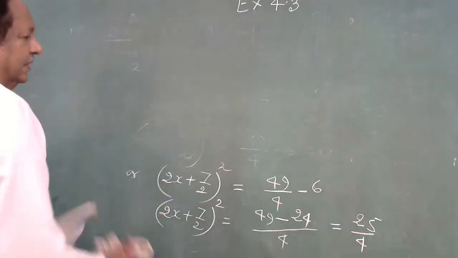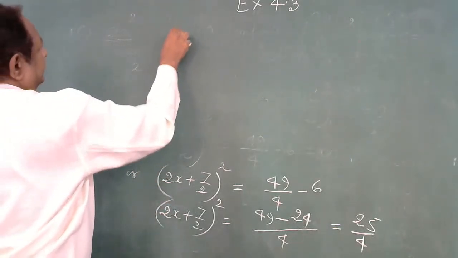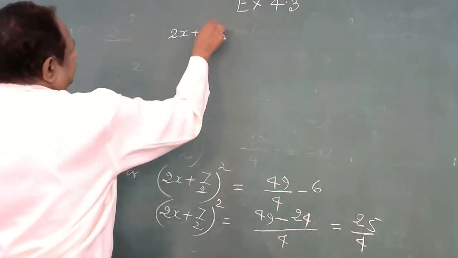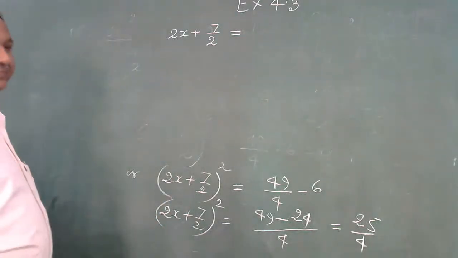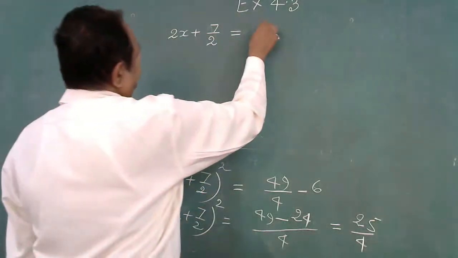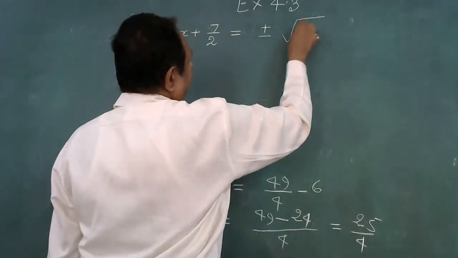Now 2x plus 7 by 2 is equal to plus minus under root 25 by 4.